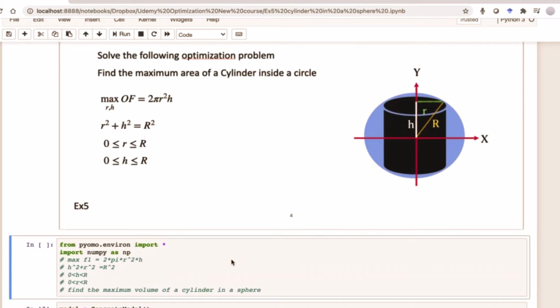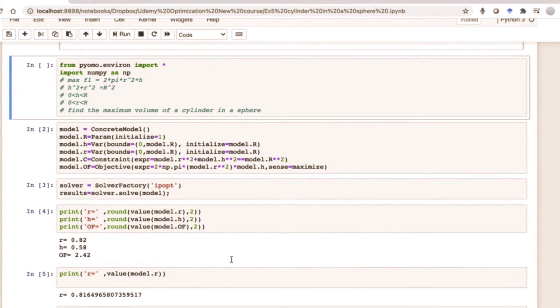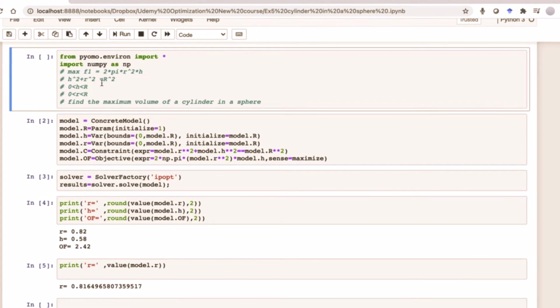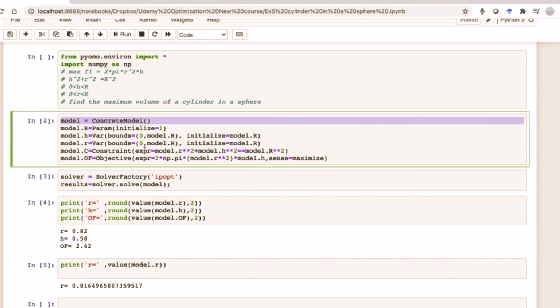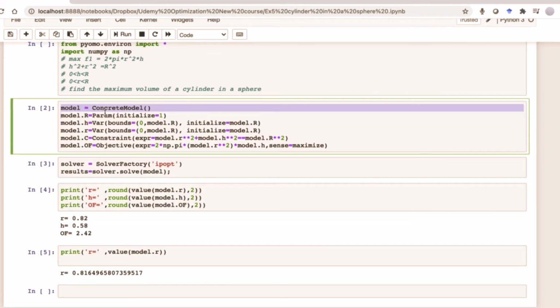In order to solve that, we need to use the Pyomo package. Here you see from the Pyomo environment, we import everything, and we may also be using NumPy. And these are comments which are not going to be used. We define a concrete model. It can also be defined as an abstract model, no worries about it.